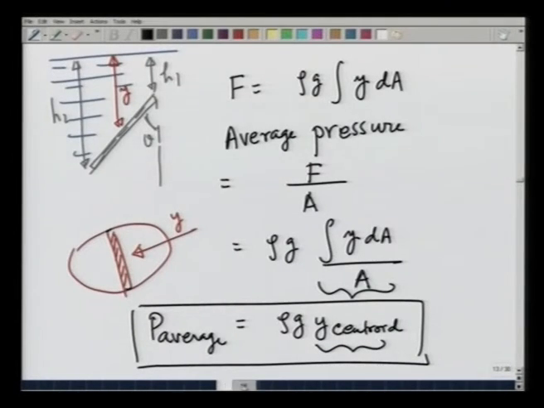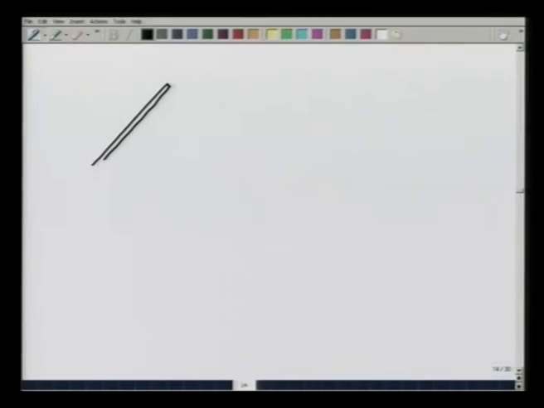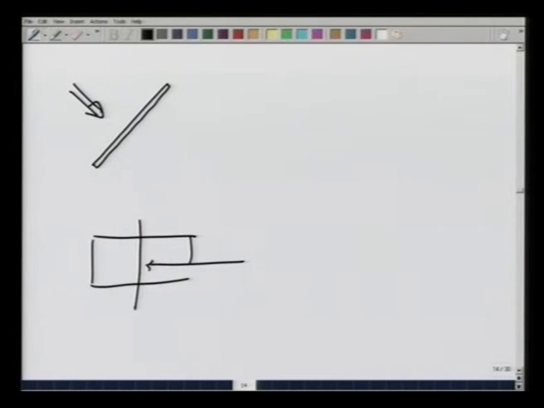For example, if the sheet is rectangular, so that it looks like this if I look at it from this side, and I am measuring depth from this side, then the centroid is going to be along this line, and from the top of the water surface, let me show that in blue, this depth is going to be right in the middle.